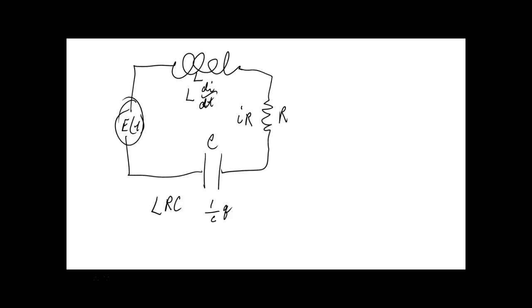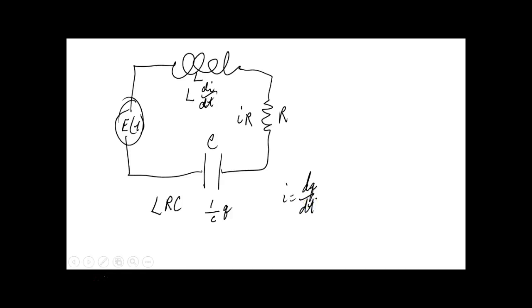Now, in Kirchhoff's second law, okay, let's go back to this. Here, you don't like to have integrations and derivatives in the same circuit. So here, like I said, I is equal to dQ dt, right?